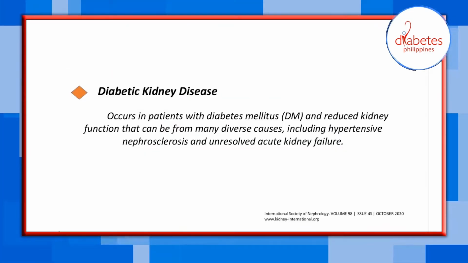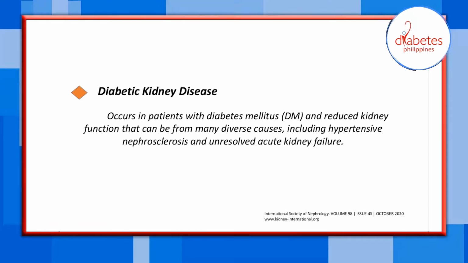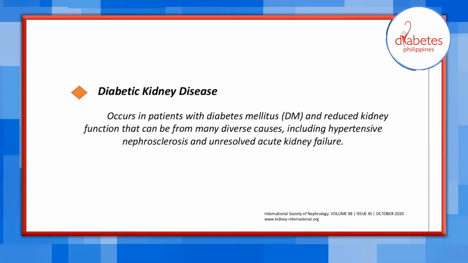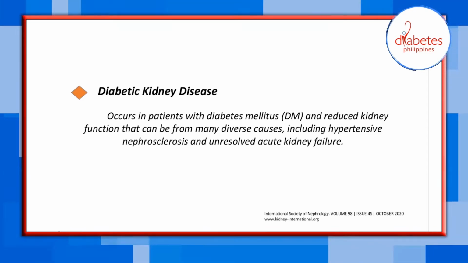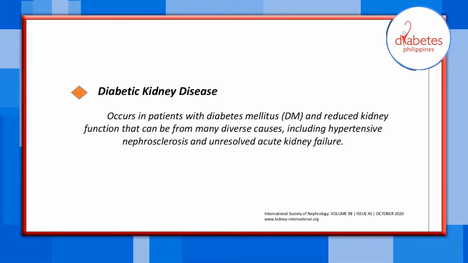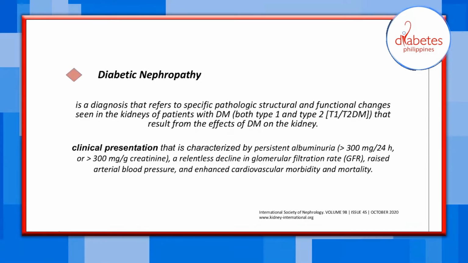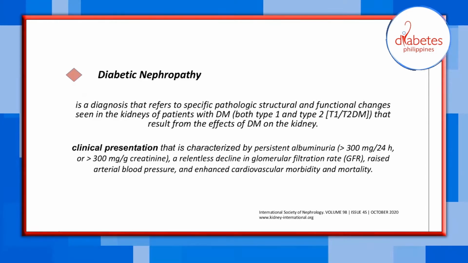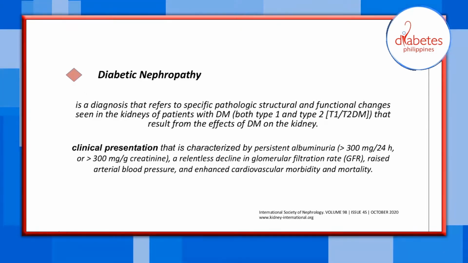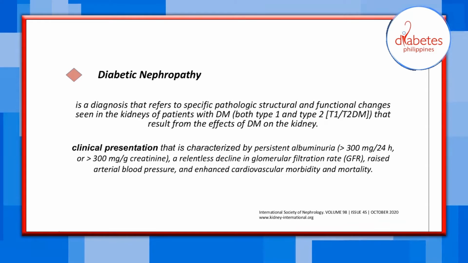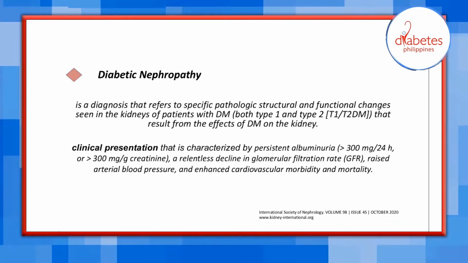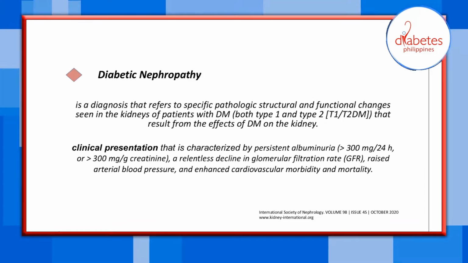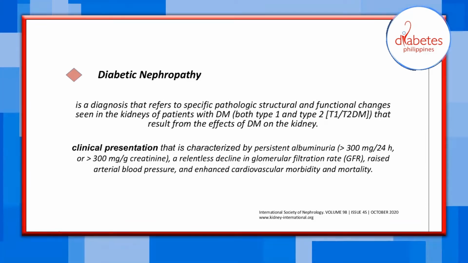Diabetic kidney disease occurs in patients with diabetes mellitus and reduced kidney function that can be from many diverse causes, including hypertensive nephrosclerosis and unresolved acute kidney failure. Diabetic nephropathy, on the other hand, is a diagnosis that refers to specific pathological, structural and functional changes seen in the kidneys of patients with diabetes, both type 1 and type 2, that result from the effects of diabetes on the kidney.